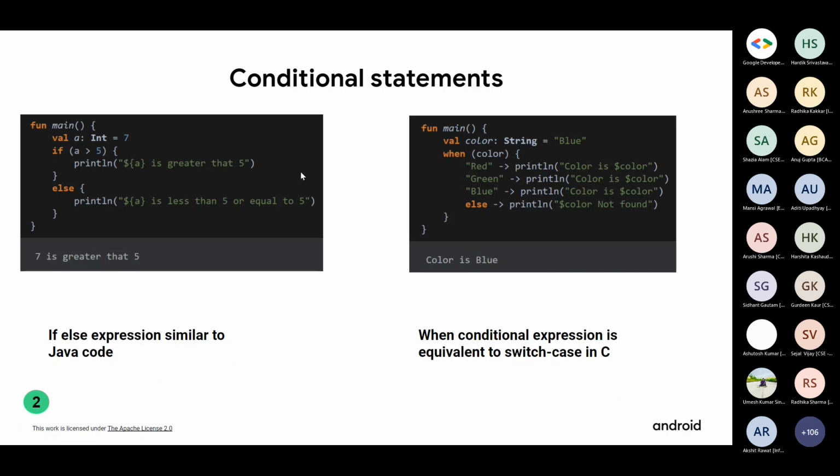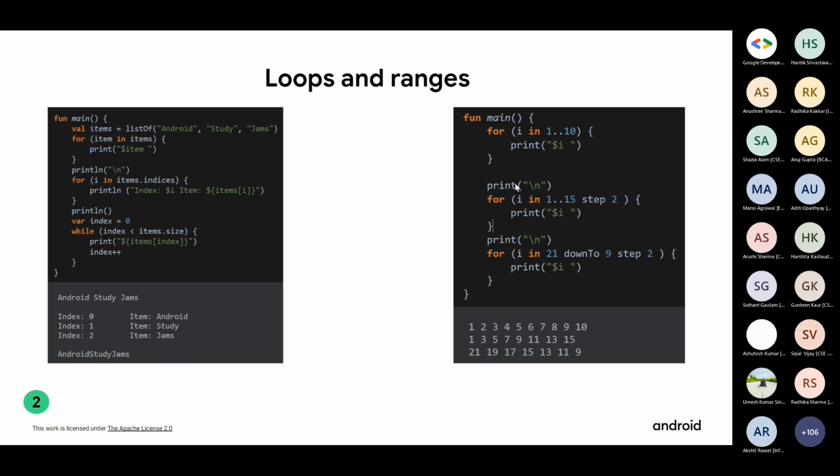We have also gone through the conditional statements, that is the if else ladder, which is similar to Java code, and the when statement, which is similar to switch case in C. Then we have used loops and ranges. You can see this is for the items.